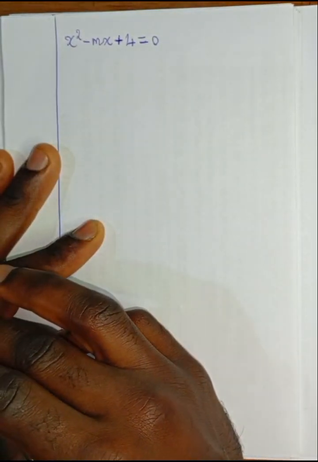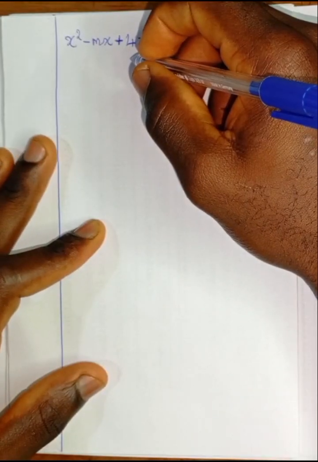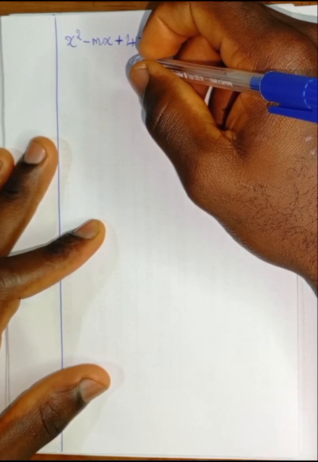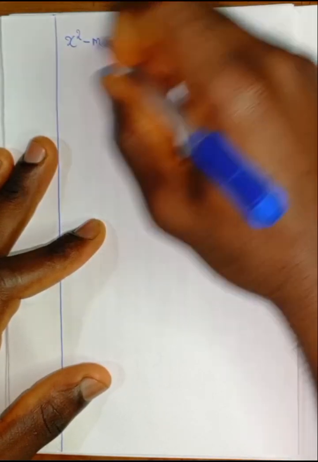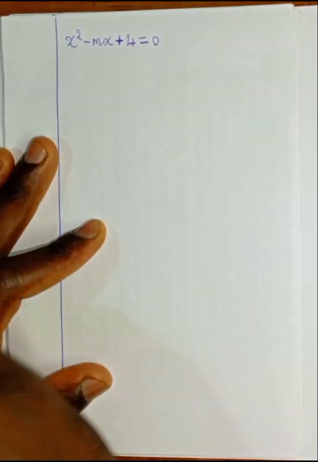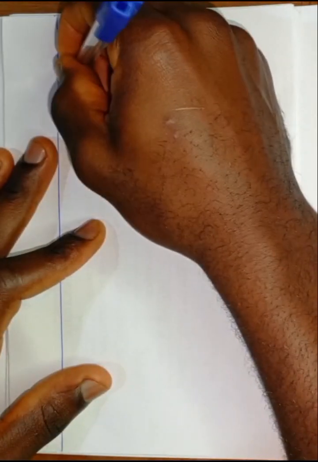And this is a quadratic equation. We know if the line touches the curve at one point, then the discriminant of this quadratic equation must be equal to 0. So we need to find the discriminant.